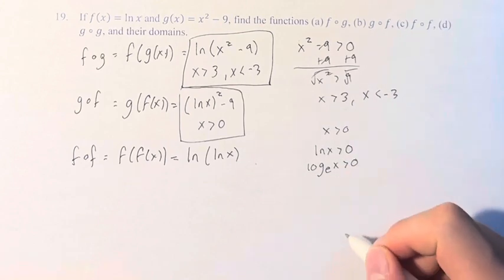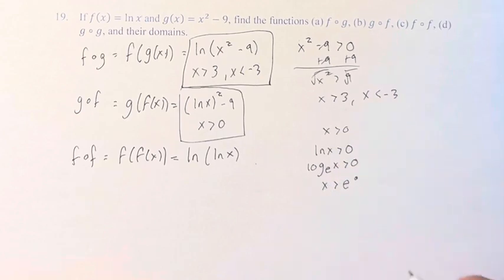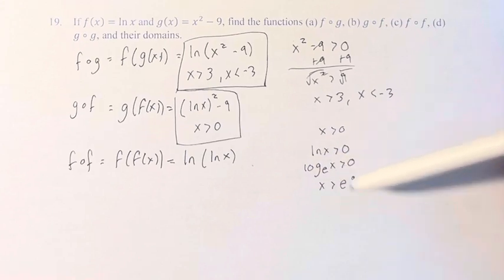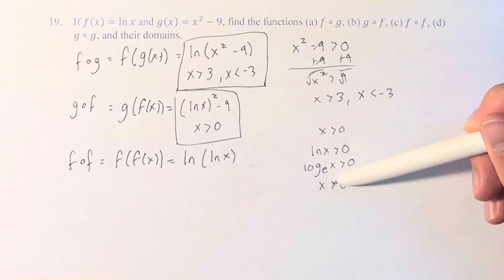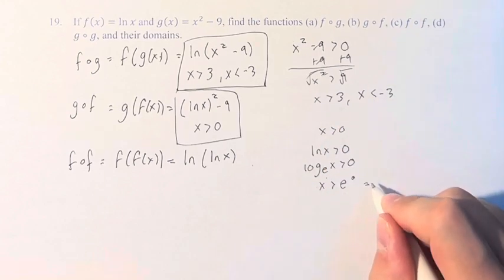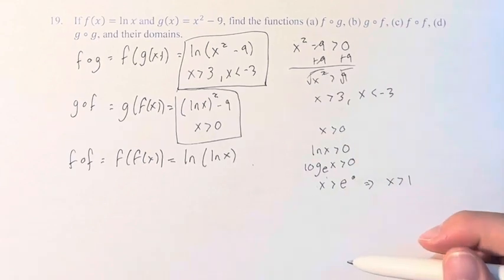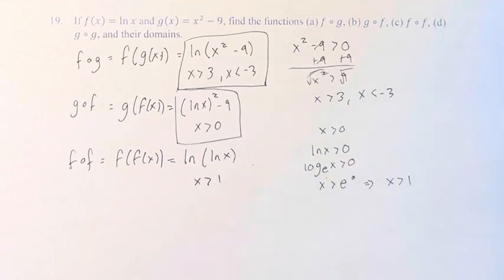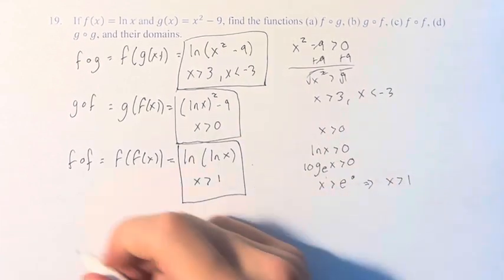Therefore, e to the 0 is less than x. Remember, when you are turning a logarithm into an exponent, you have to keep the x on the same side of the inequality. e to the 0 is 1, so this is x is greater than 1, which supersedes x is greater than 0. So our domain is simply that x is greater than 1.